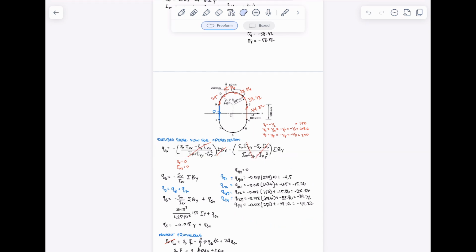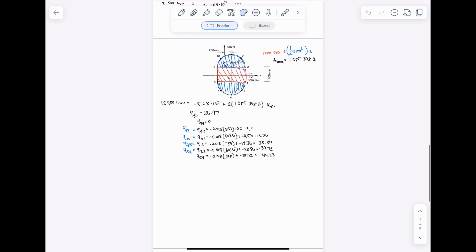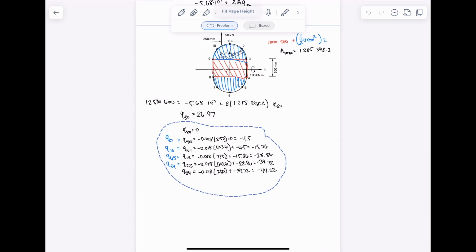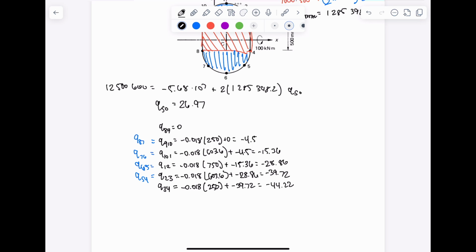Now, to find the actual shear flow, we need to add it back to the shear flow that we solved before. Copy. Add it back, which means we need to add 26.97 all the way down.